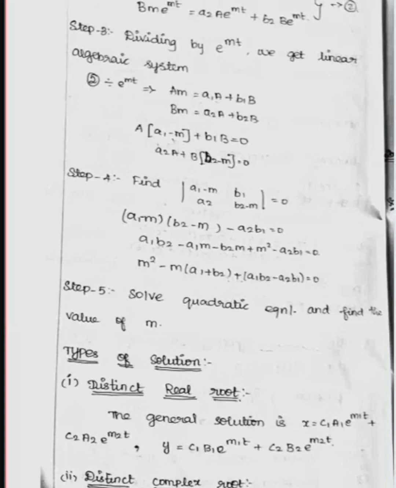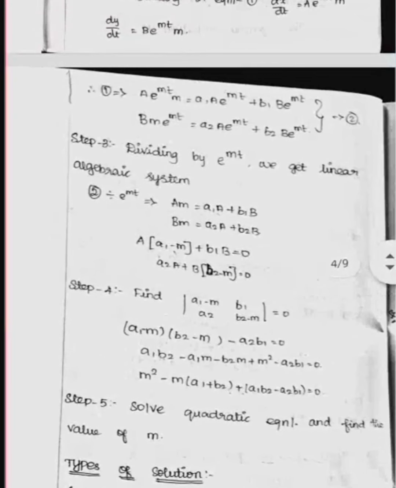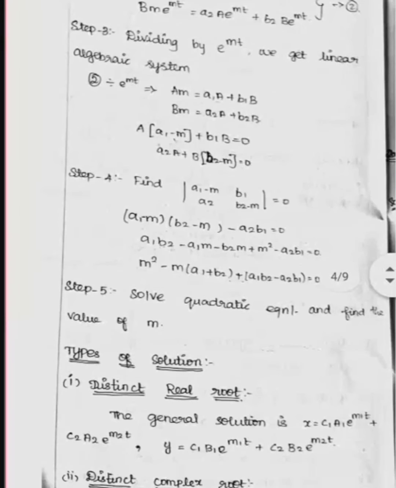Likewise, you have to derive, but here you have to differentiate with respect to t. So another constant term is already added in that first term itself, that is A into e to the power mt. So here you have to add the constant terms, that is c1 and c2. So the general solution is of the form c1 into a1 into e to the power m1t plus c2 into a2 into e to the power m2t.